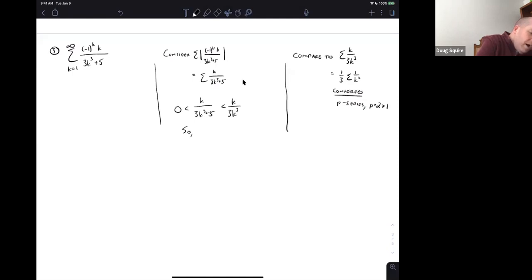So this middle one, the sum of the absolute value of a_k, converges by direct comparison. Does that make sense, everybody? We good?